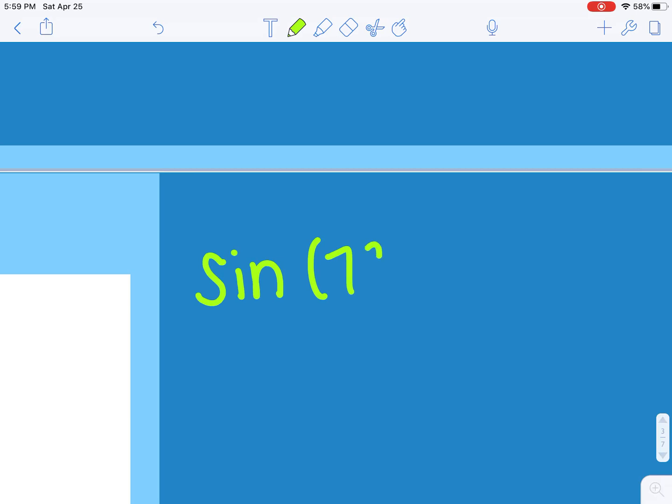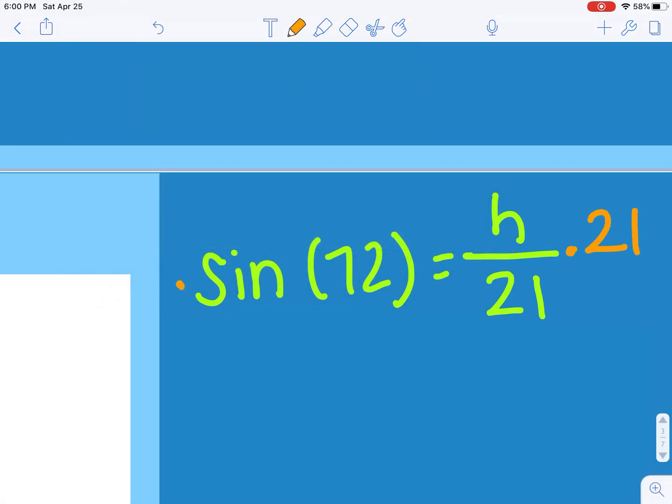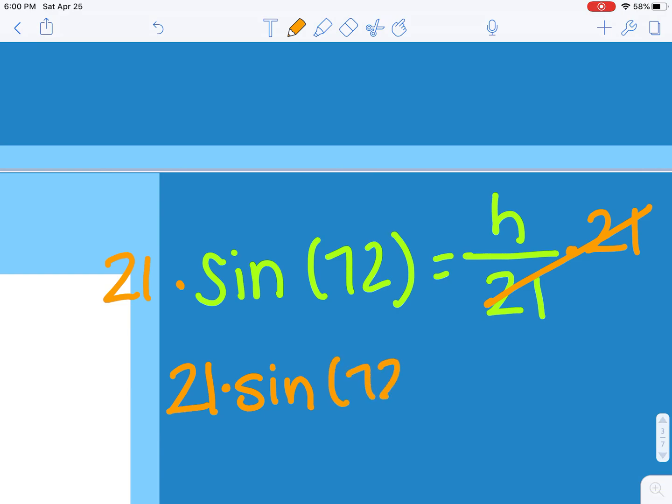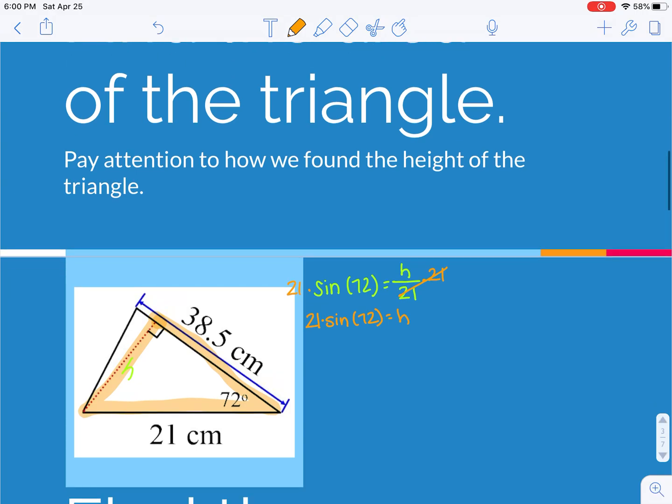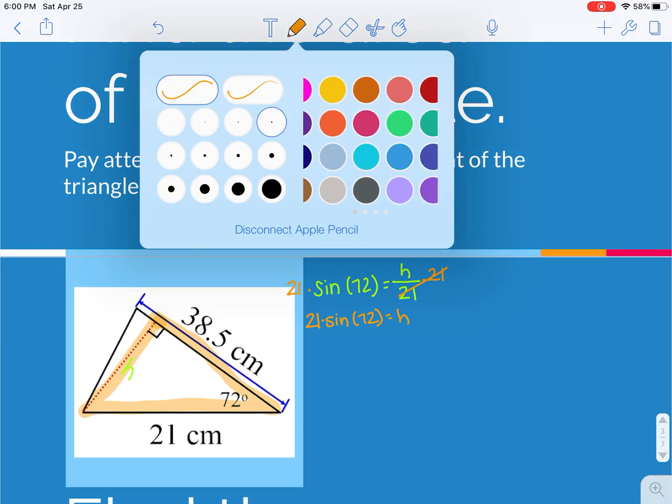So the sine of 72 will equal h over 21, multiply by 21 to clear my fractions, and I get 21 times the sine of 72 equals h. And just like before, we're going to leave that entire value to be h until the very, very end.